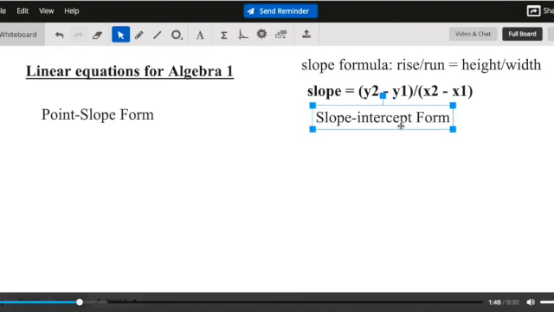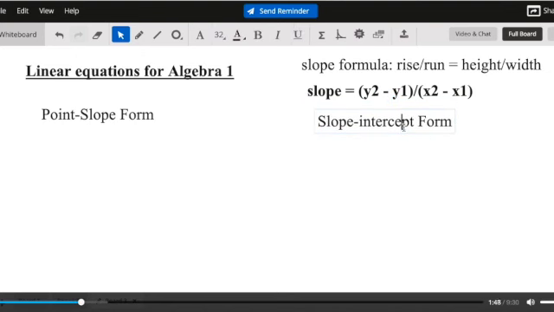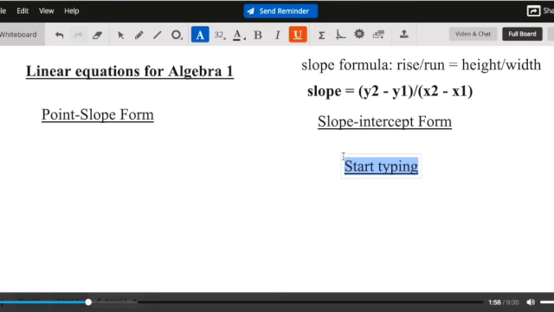Okay, so slope-intercept form, let's get started here. This is actually the easiest one if you ask me. Usually it'll look something like this. They'll give you y equals 3x plus 5, right?